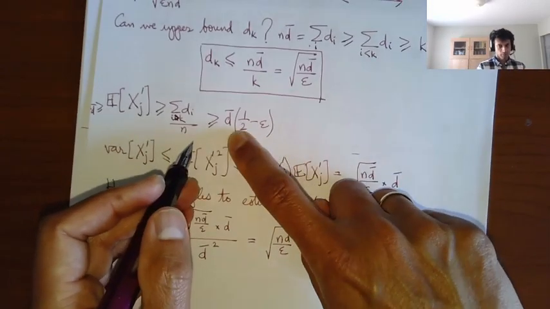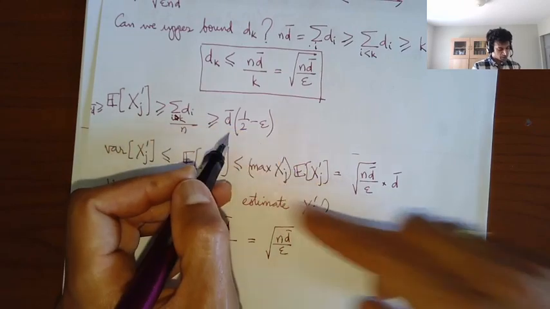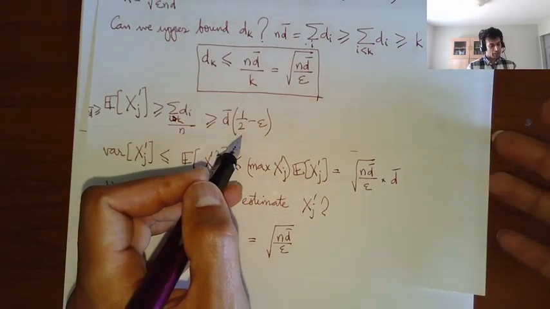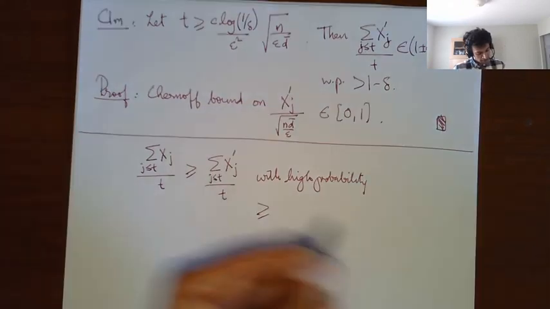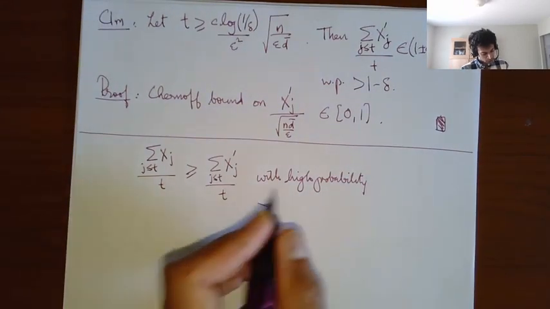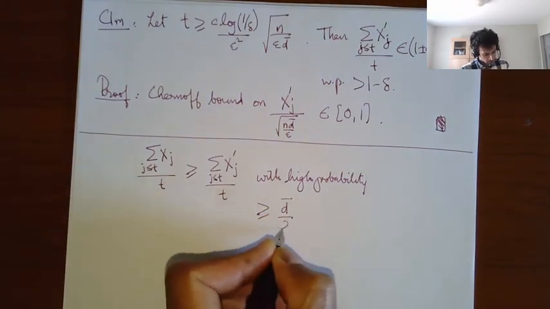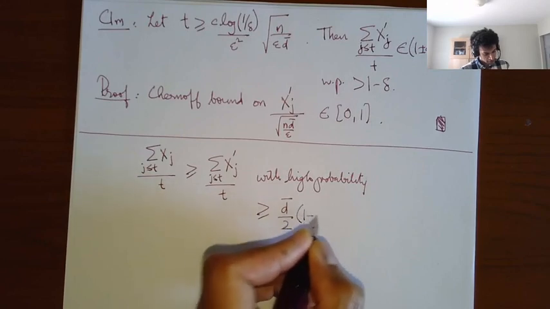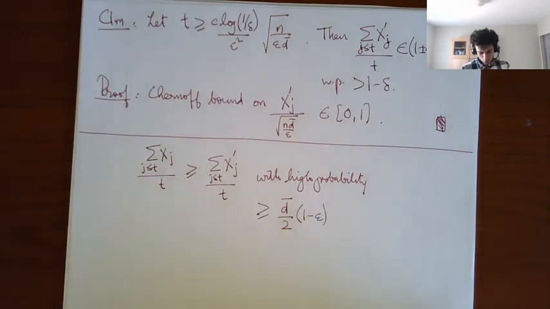We know that the expectation is at least the average degree times a half minus the epsilon. You have to crank out a bit of the algebra here, but you will get that this is at least the average degree times 1 minus epsilon.